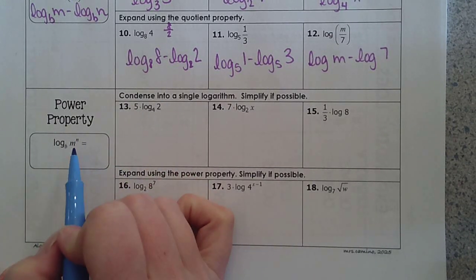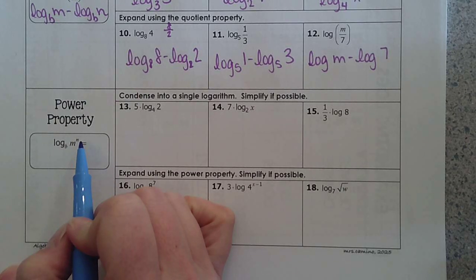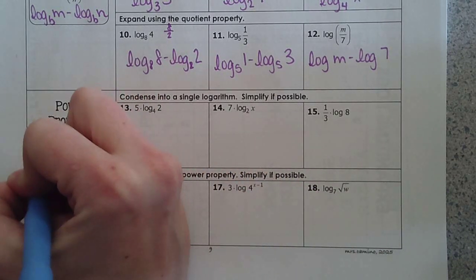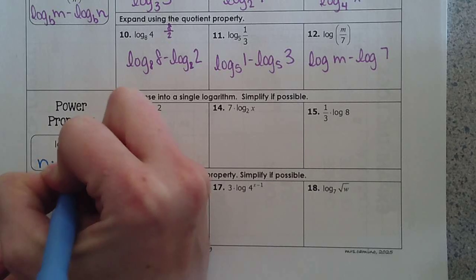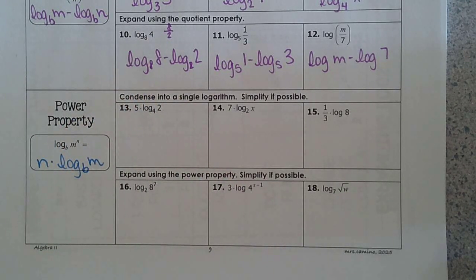What this looks like is if we have m to the power of n, we can rewrite it as n times the log. Or we can go in reverse. If we have a multiplier out front, we can turn it into the exponent. When we have exponents in our work, if we're able to calculate them in our answer, we want to make sure we calculate them in our answer.